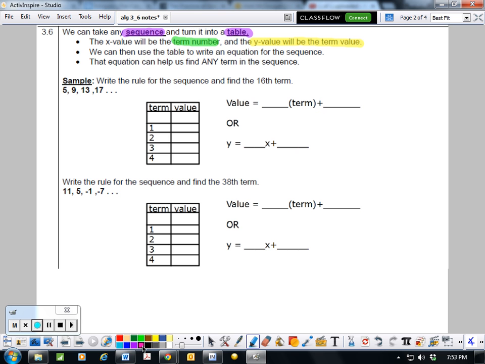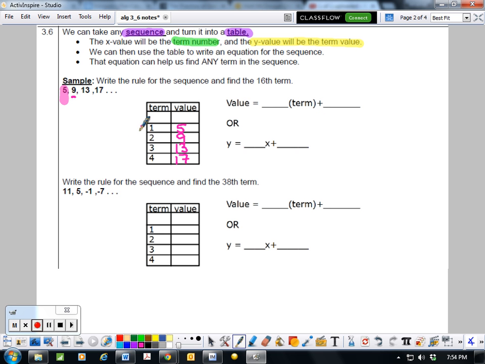So we're going to go ahead and look at this. This is my first number here, 5. So in my table, for my first term, I'm going to put 5. My second term is 9, so I'm going to put 9, and then 13, and 17. So now what I'm going to do is look at how things change.